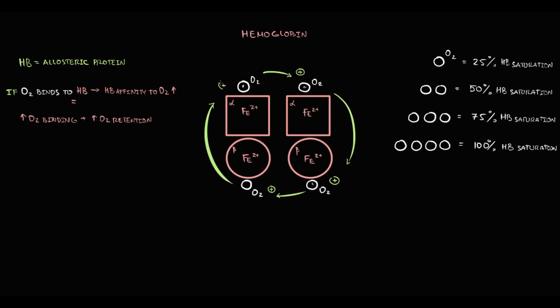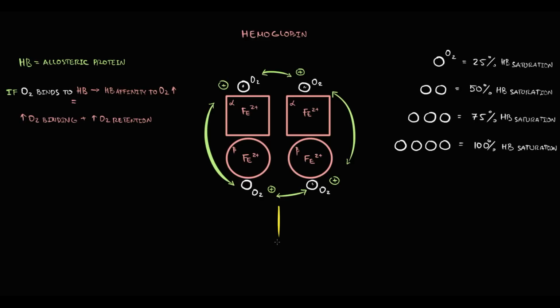This change makes it easier for the remaining subunits to bind additional oxygen molecules. In smart words, hemoglobin affinity to other oxygen molecules increases, and because the binding of one oxygen molecule enhances further oxygen binding, we call this phenomenon positive cooperativity.